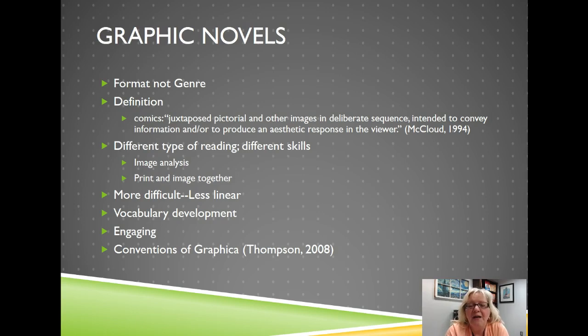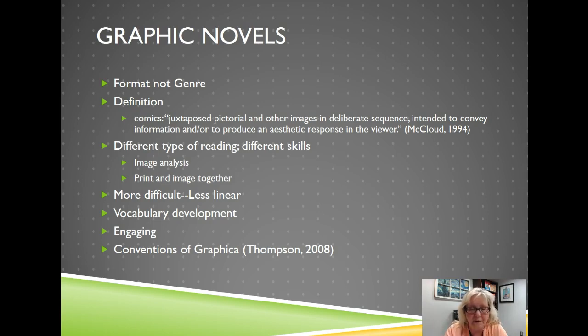So it's a different kind of reading that requires different skills, such as image analysis and reading print and image together. I find it much more difficult. A lot of readers find it easier, especially younger readers. I find it more difficult because I'm a very linear reader, and these are much less linear than just straight paragraph reading.